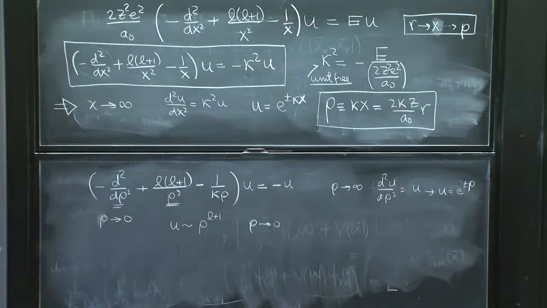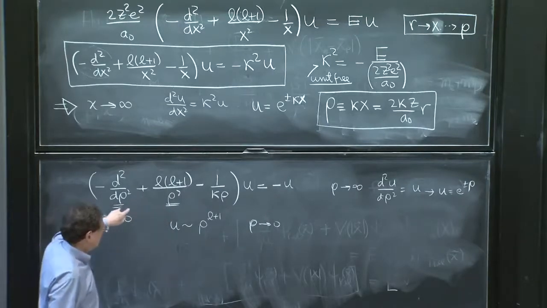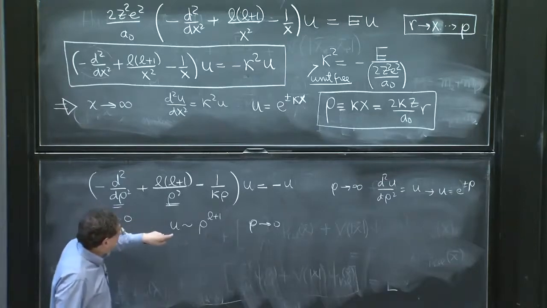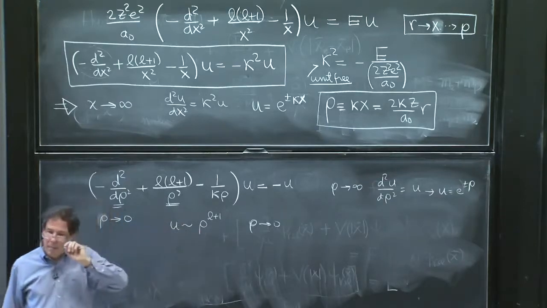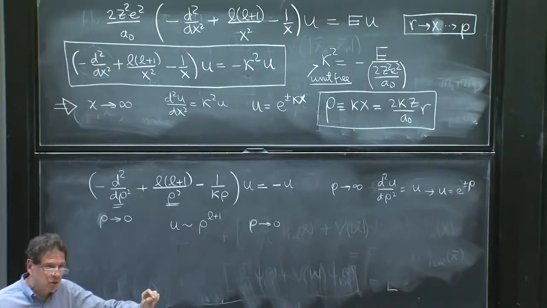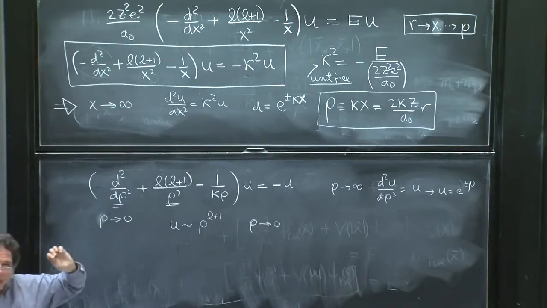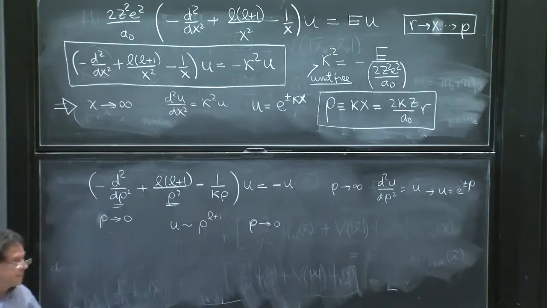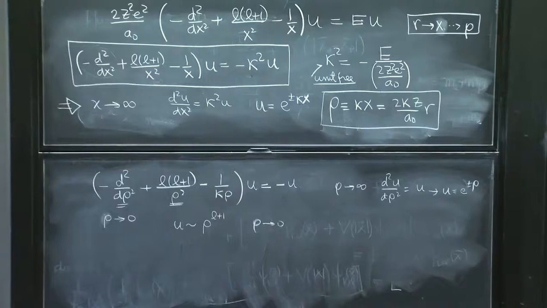So it was from these two terms of the differential equation, and for rho going to 0, remember the wave function must vanish. And how fast should it vanish? It should vanish to this power, rho to the L plus 1. Okay, so you know lots of things about this function.